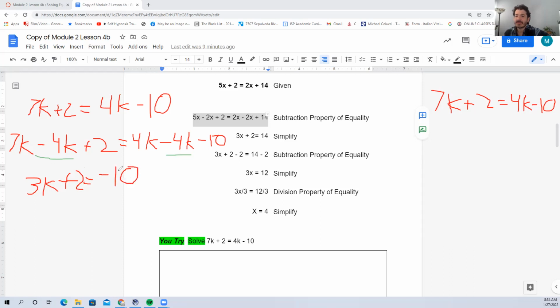If that's confusing to you as to why the 10 is negative, use the BOP rule, okay? The BOP rule is realizing that to subtract a number is to add the opposite of the number, okay? So this is a negative 10. What do I do now? Well, I'm going to subtract 2 from both sides.